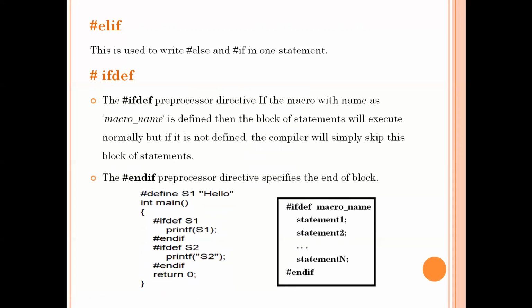See one example here. So in the first statement, I am defining one macro. Here my macro name is S1, right? The value of the S1 macro is hello. So inside the main method, I am using the #ifdef directive. For this #ifdef directive, I am passing one macro name S1, right?